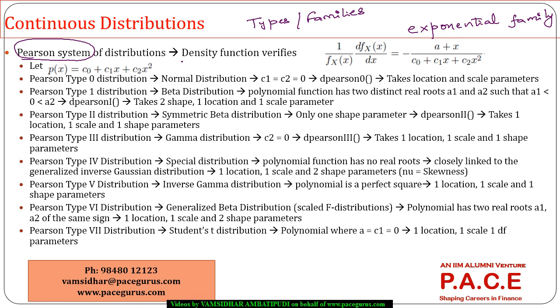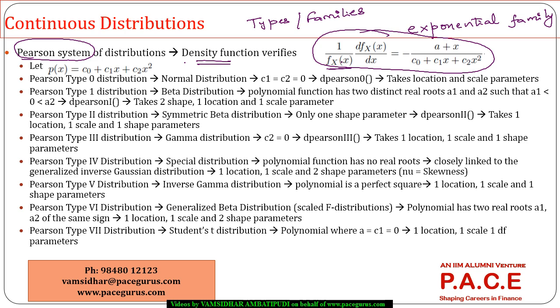So when we use this Pearson system of distributions, I'll take it up in R, but just giving a brief overview of it. The density function verifies this particular differential equation, right? 1 by f of x multiplied by the derivative of f of x with respect to x is the same as minus of a plus x by c0 plus c1 x plus c2 x squared.